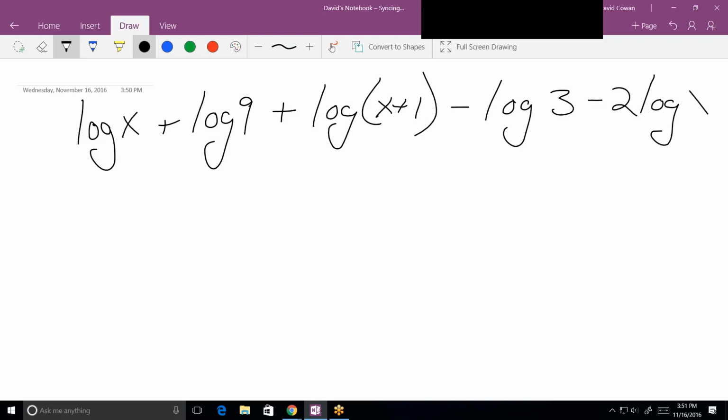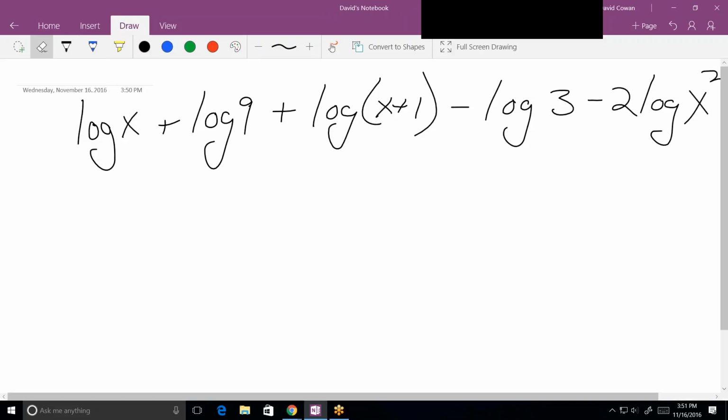All right. What's the first step of condensing? Turning the addition into multiplication. Well, I would say let's work from rule 3 back to rule 1. Make the 2 an exponent on the x? Yeah, let's do that first. And then we'll work back from there.